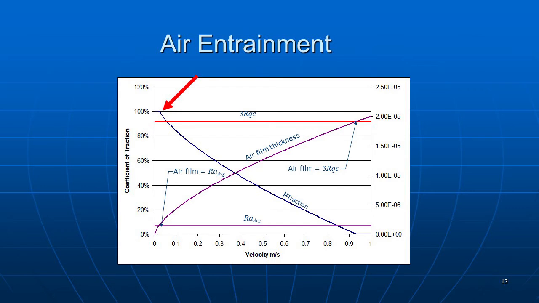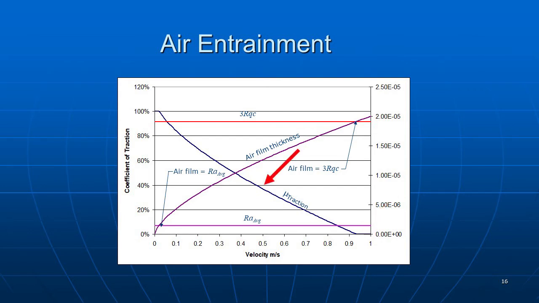Now, as you run faster and the air film thickness increases until you get to the 3Rq value, at this point you have completely separated the web from the roller. All the peaks are separated, and our coefficient of friction at this point, now called coefficient of traction, is 0. There is no contact between the web and the roller.